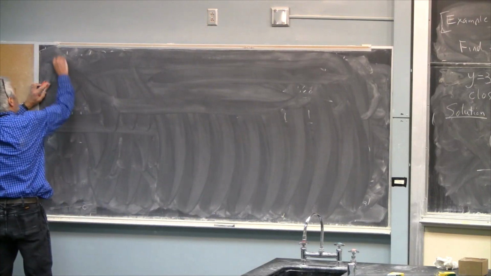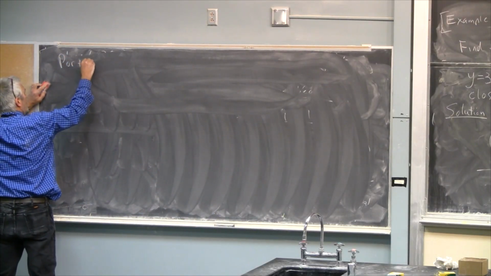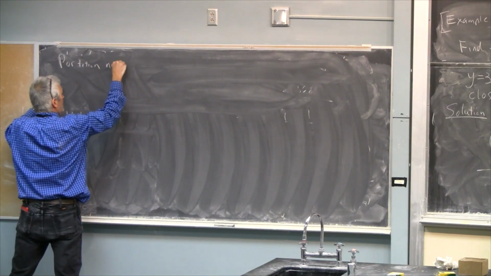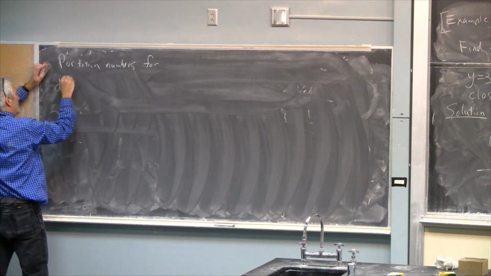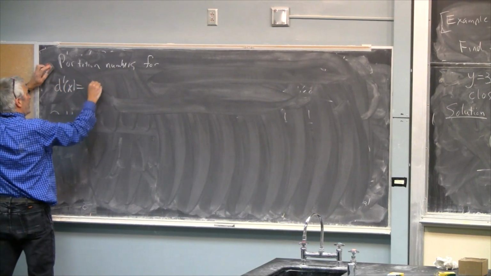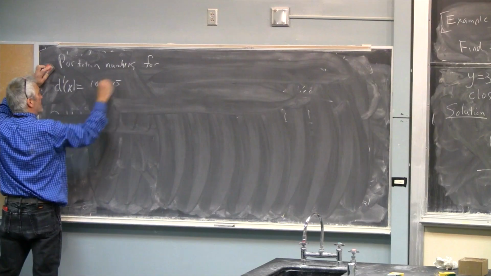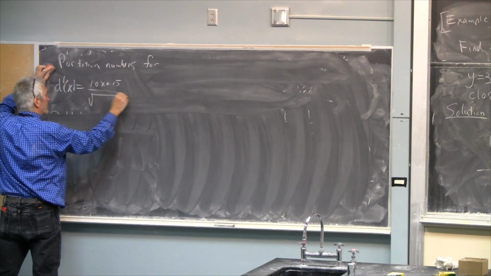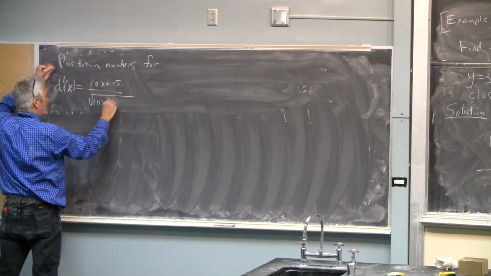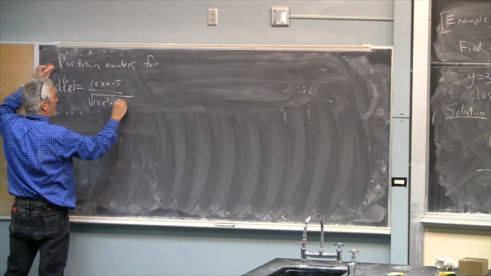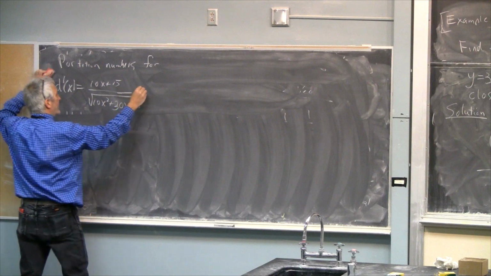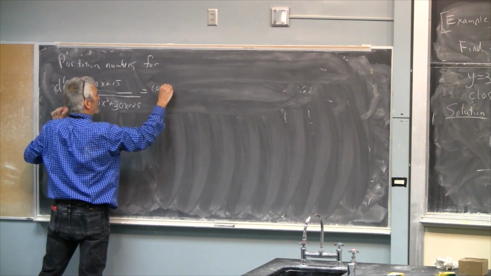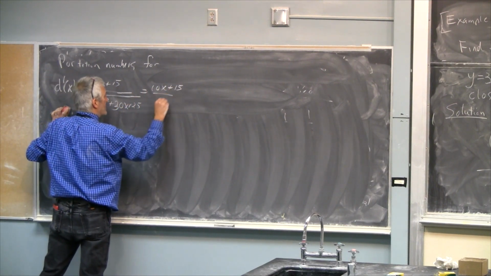So I'm going to move over here to this board. So we have partition numbers for d prime equals 10x plus 15 over square root of 10x squared plus 30x plus 25. And that's 10x plus 15 over d.